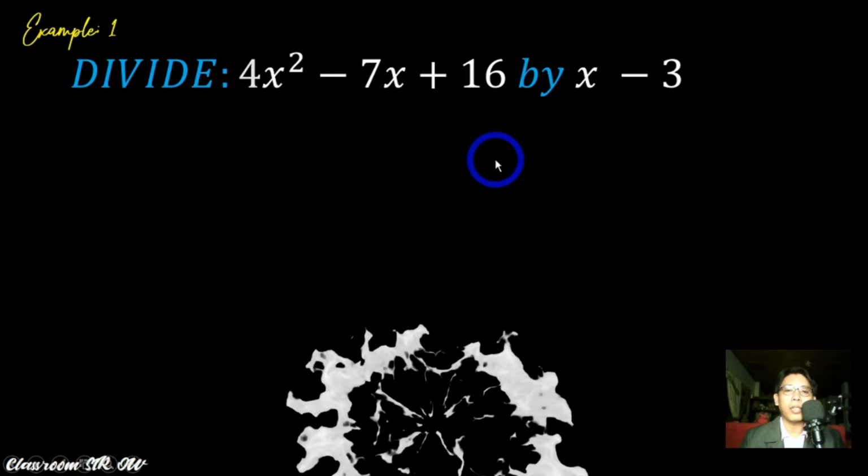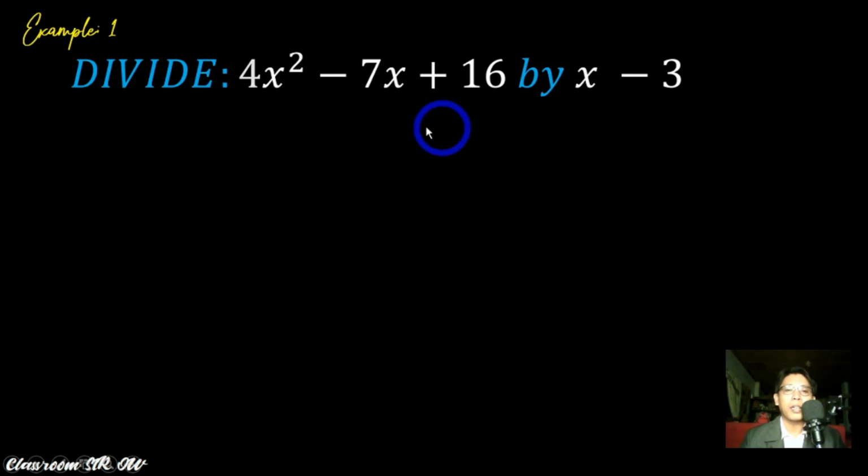What I mean is, in this 4x squared minus 7x plus 16, if you notice, the degree starts from 2, followed by degree 1, which is linear, and next is the constant. So in this given, it's a complete polynomial and it is arranged in descending order of the exponent.